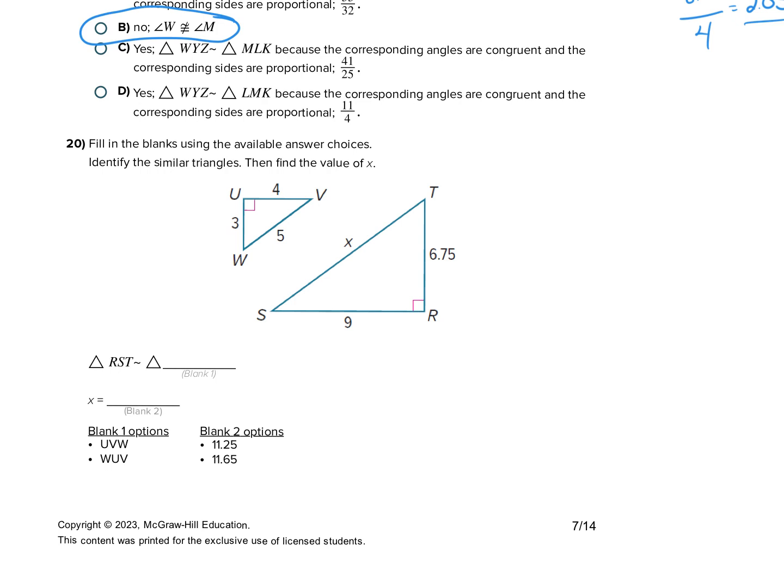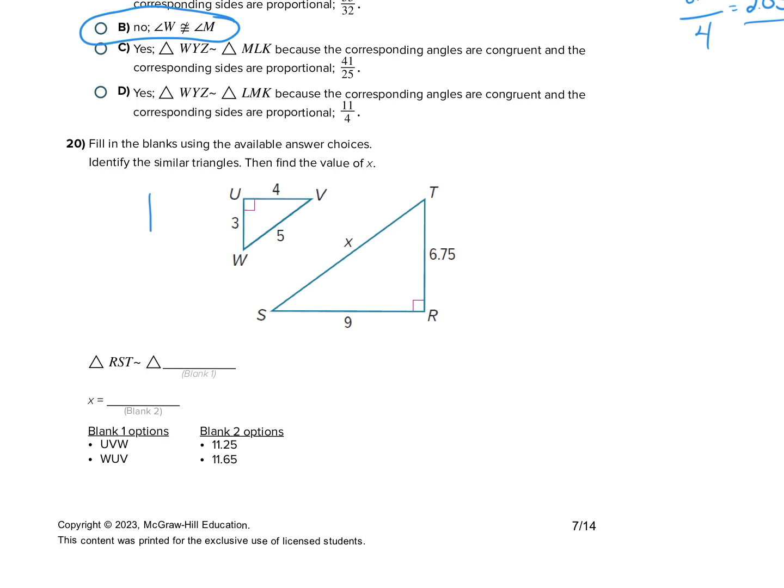Our next question says, fill in the blanks using the available answer choices. Identify the similar figures and find the value of x. Okay, so you'll notice that the triangles are in different orientations.